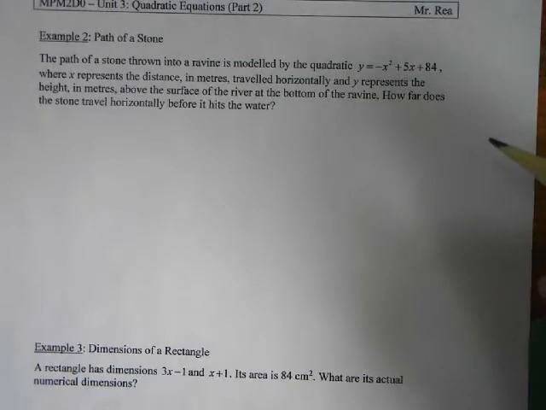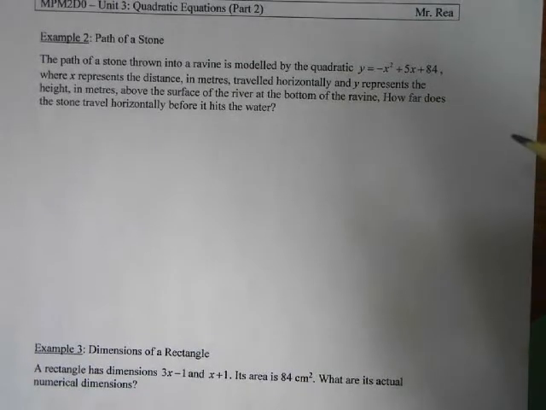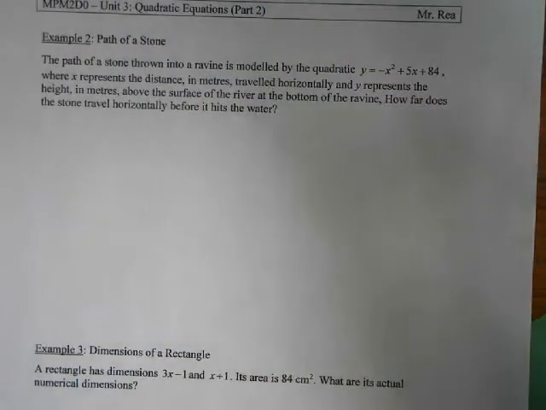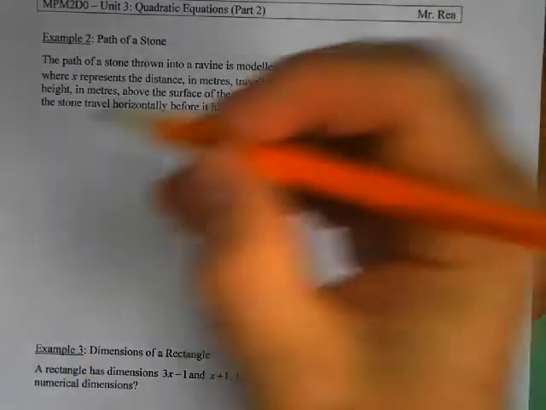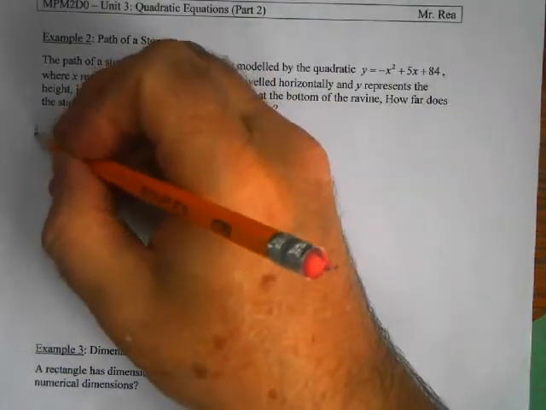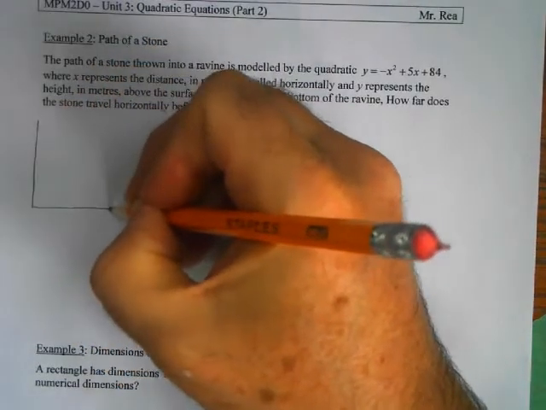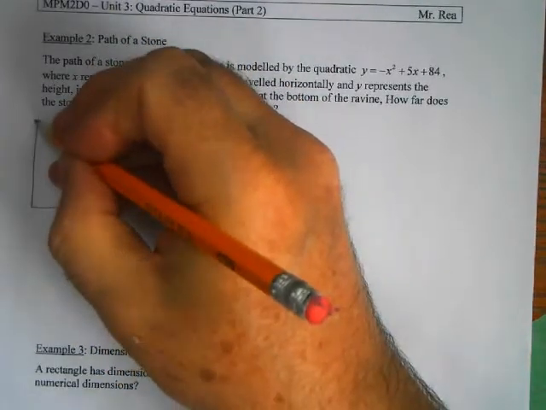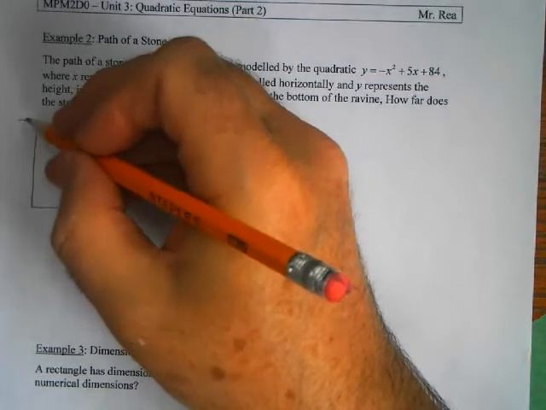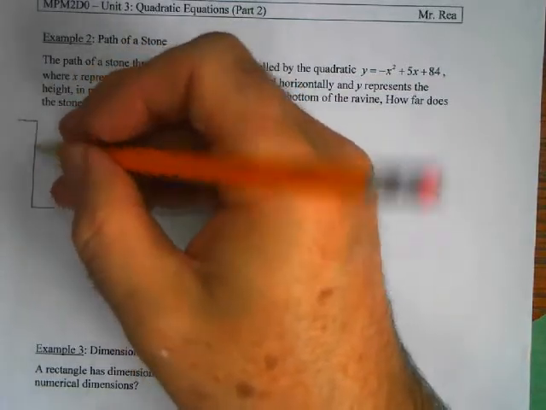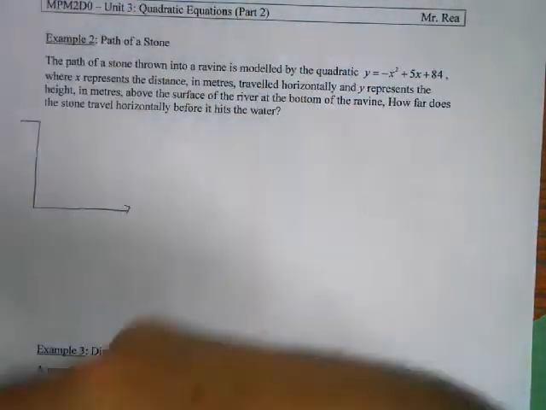So that's a lot of information. I would always suggest draw a little sketch. So our sketch will look like this. Here's the cliff over here, and actually I'll make that a little bit lower.